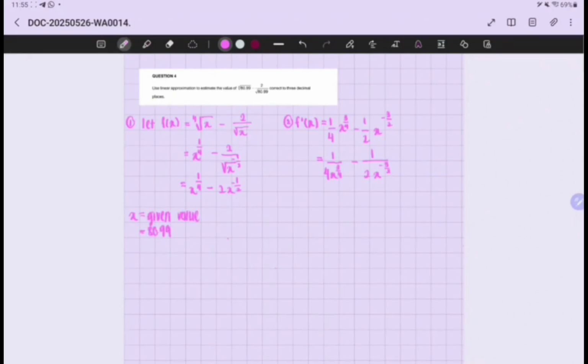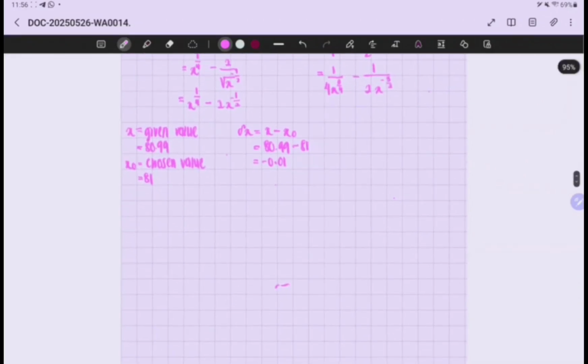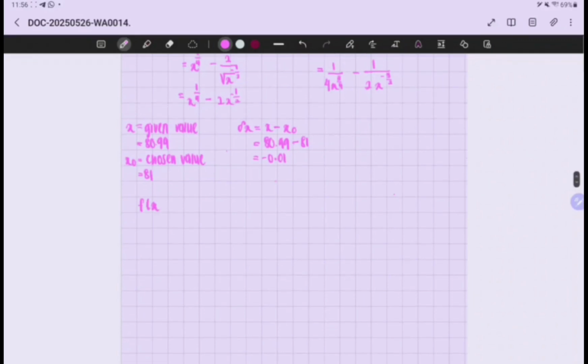The difference dx equals x minus x naught is calculated as negative 0.01. The linear approximation formula f(x naught plus dx) equals f(x naught) plus f prime(x naught) dx is then applied.